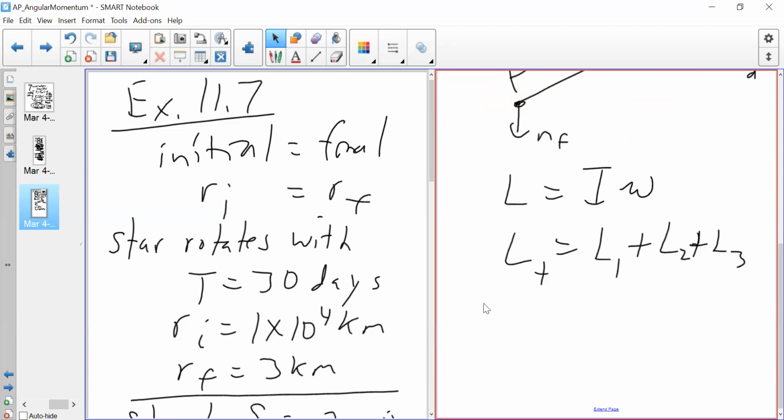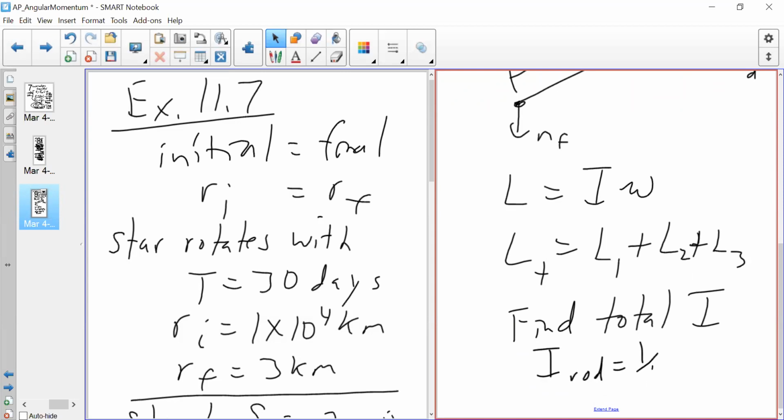Effectively, we get the moments of inertia, multiply them by omega, and we're good. Either method is good. So the moment of inertia of the rod about the center of mass is going to be 1/12 ml squared.